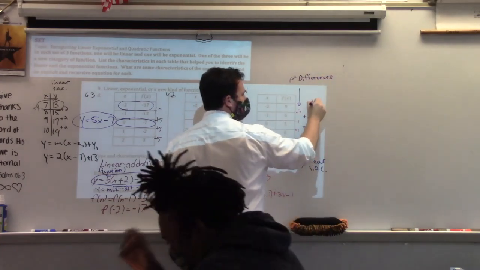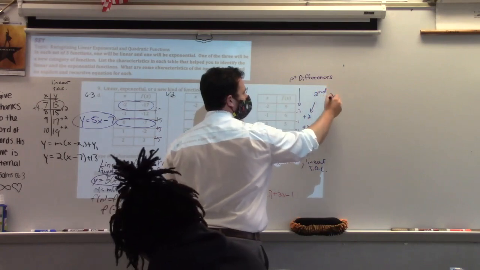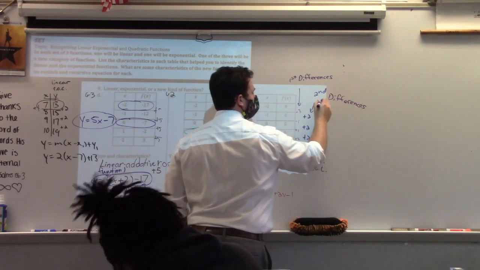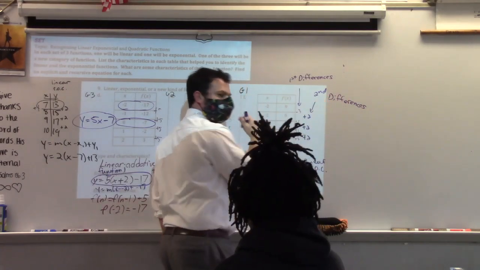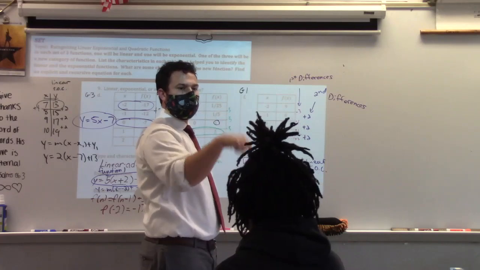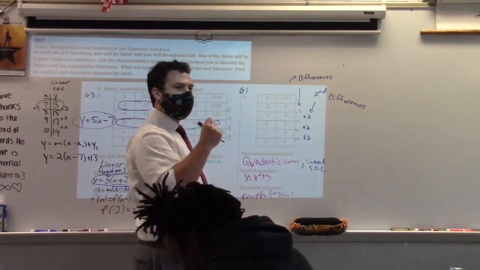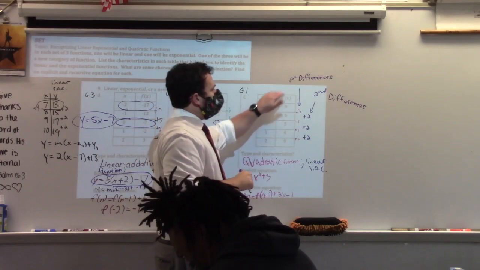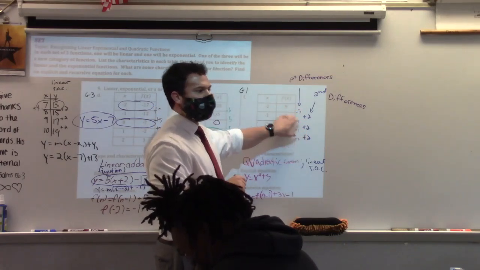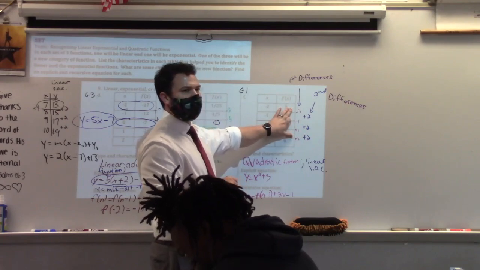You see how my second differences are constant? It's plus 2. -3 plus 2 is -1. -1 plus 2 is 1. Y'all, I need you paying attention so we can finish going over this. The first set of differences is my rate of change. But because these are constant, what type of rate of change is this?